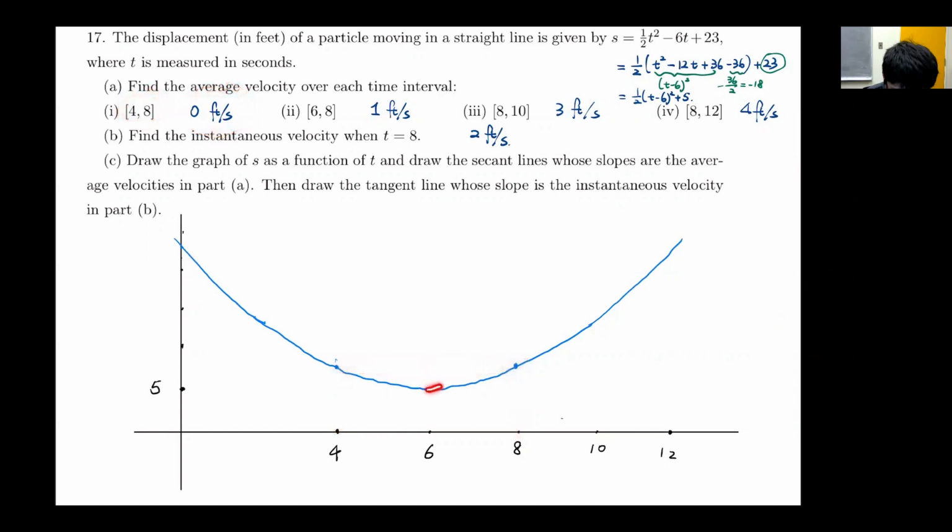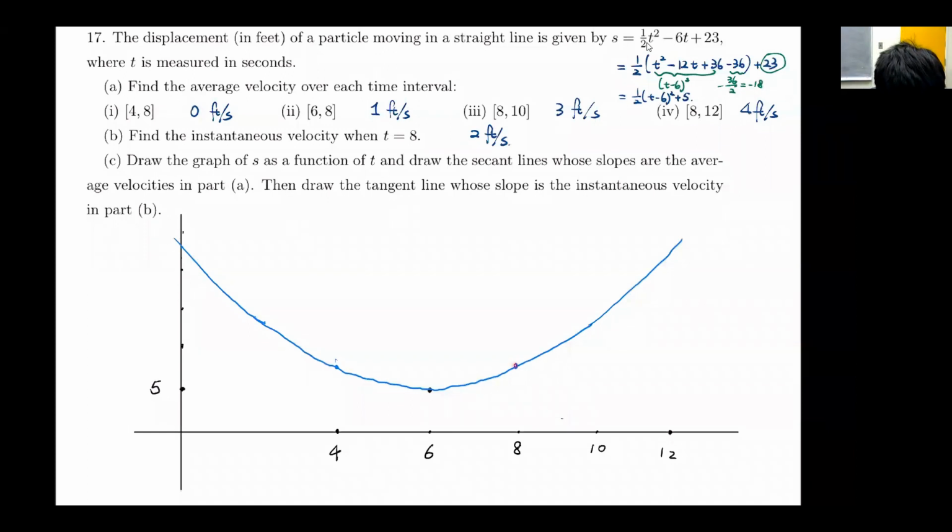Similarly, between 6 and 8, at the point A, the function value is 7. So the slope of this secant line is precisely 7 minus 5 divided by 8 minus 6, and the answer is equal to 1. So this will precisely be a line of slope 1. It doesn't look like a line of slope 1 because I chose different scalings on the x-axis and y-axis over here. But that's going to be the secant line for part 2.